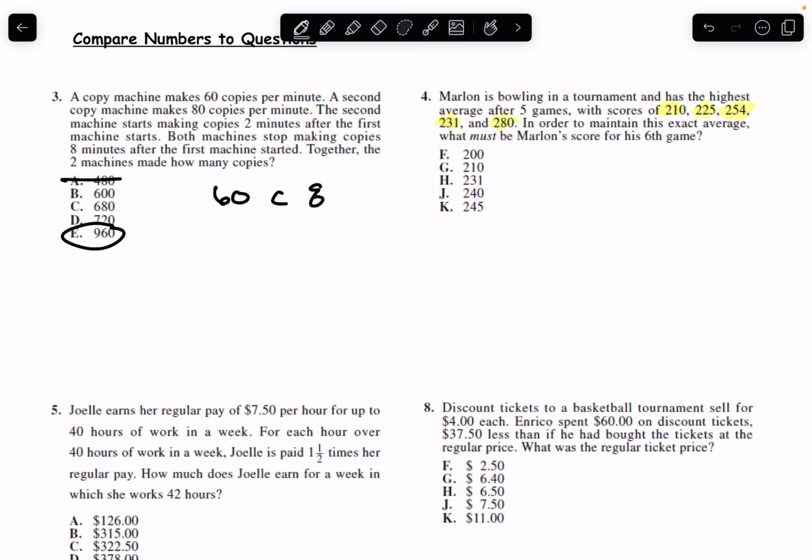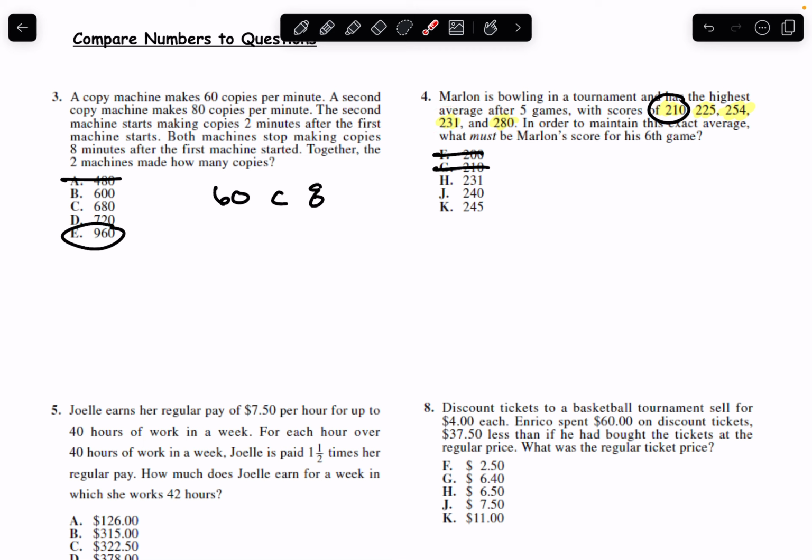So I know that 200 is not going to help me keep the same average. 210 isn't even going to help me keep the same average because that's just my lowest number. The number is going to be between 210 and 280. So already I can quickly eliminate 2 of them. The other 3, 231 happens to match a number in the problem.